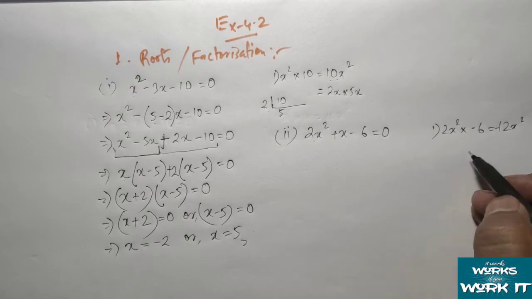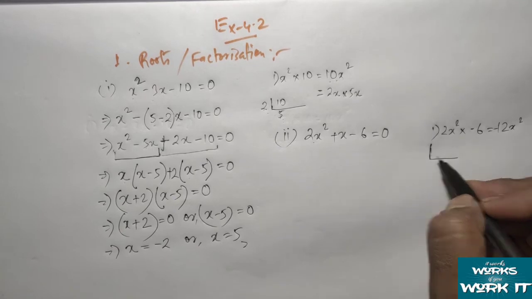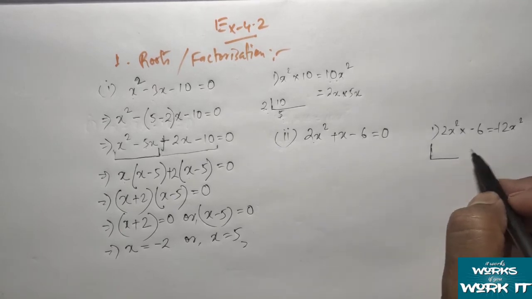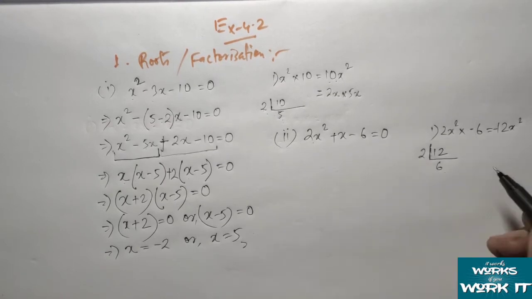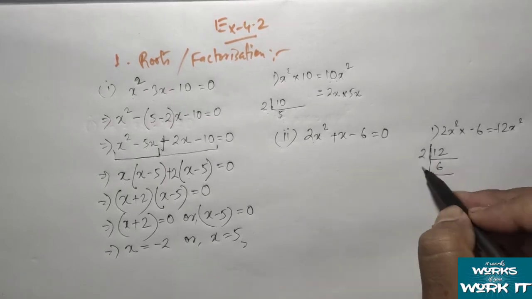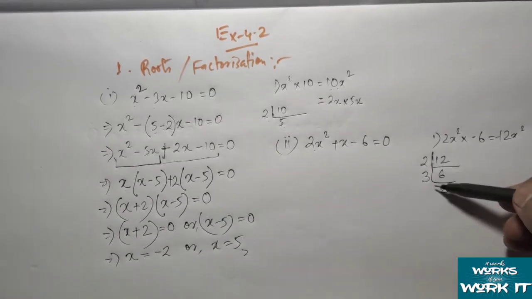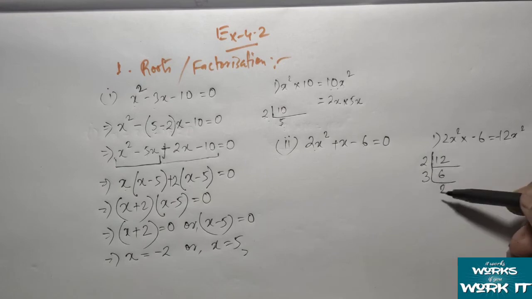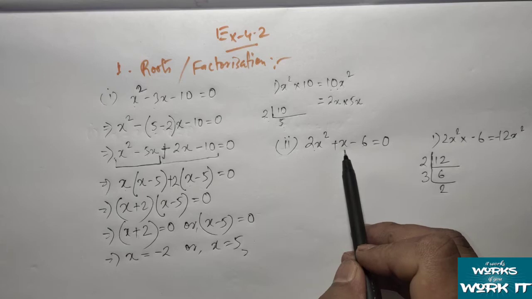Okay, so now using this number 12 we need two prime numbers, or we can say prime factors. So if I take 2 into 6, again 3 into 2. Okay, so we need two numbers only out of these numbers in order to split the middle term.